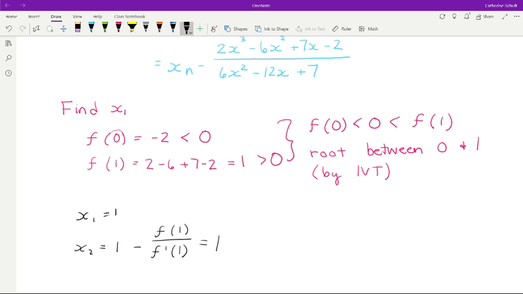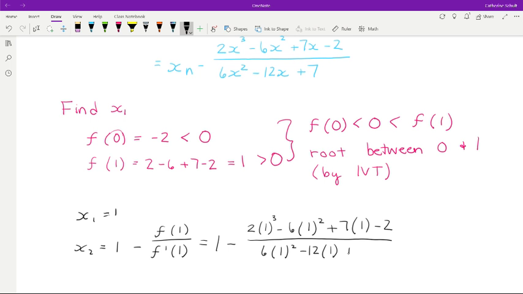And if you're using a scientific calculator, you might have to plug it in each time. So doable on a scientific calculator for sure, but a graphing calculator is helpful. Okay, and if you plug all this in, you're going to get 0. Okay, so x2 is 0.